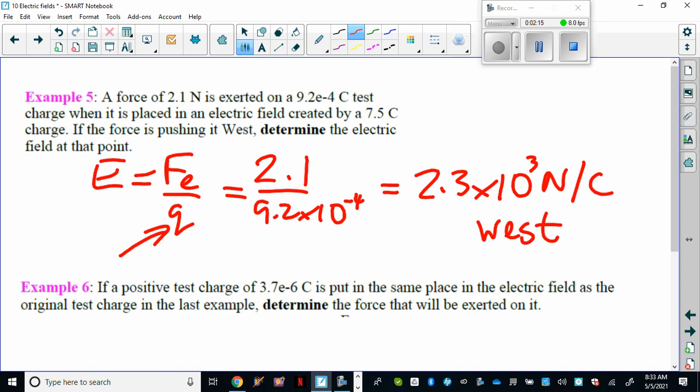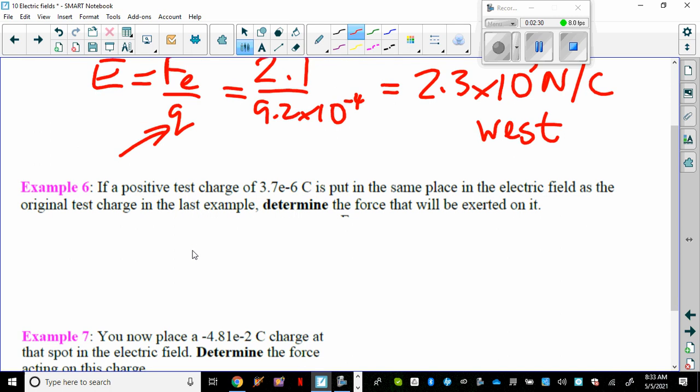In example 6, if a positive test charge of 3.7 times 10 to the negative 6 coulombs is put in the same place in the electric field as the original test charge, determine the force that will be exerted on it. This time we're solving for the electrostatic force, so we manipulate that formula.